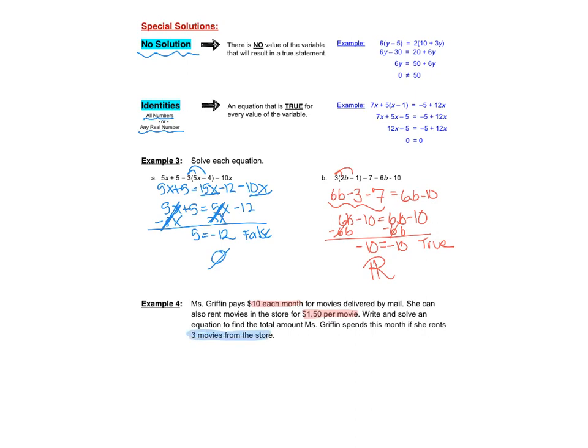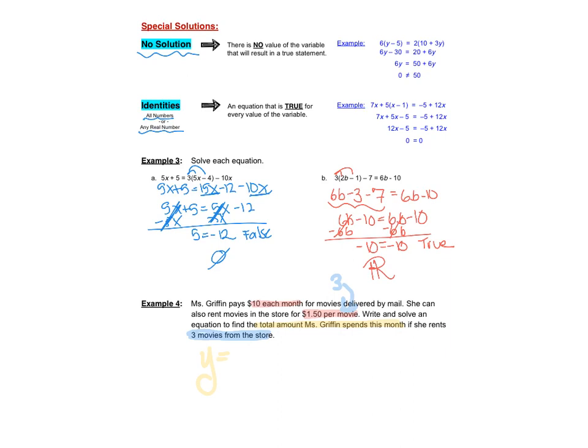Okay, so if it's $1.50 per movie, and she's going to be renting 3 movies, I can tell that eventually I'm going to need my 3 dropped into that movie spot. But I'm thinking in terms of writing an equation now. We're trying to find the total amount Miss Griffin spends this month. So I'm going to call that my y equals.